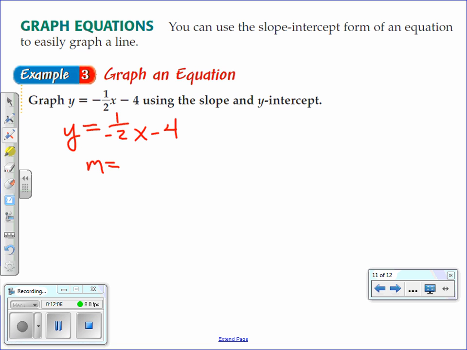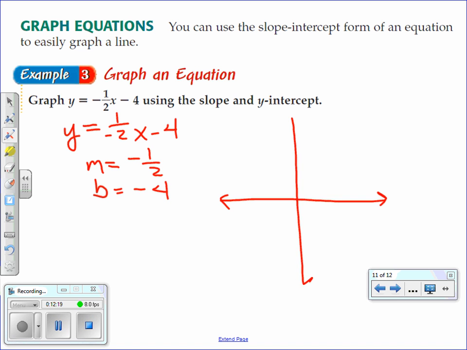What's my slope? Negative 1/2. What is b? B is my y-intercept, right? It's negative 4. Okay, I'm going to make a graph, label my axes, and I'm going to graph this line, y equals negative 1/2 x minus 4.